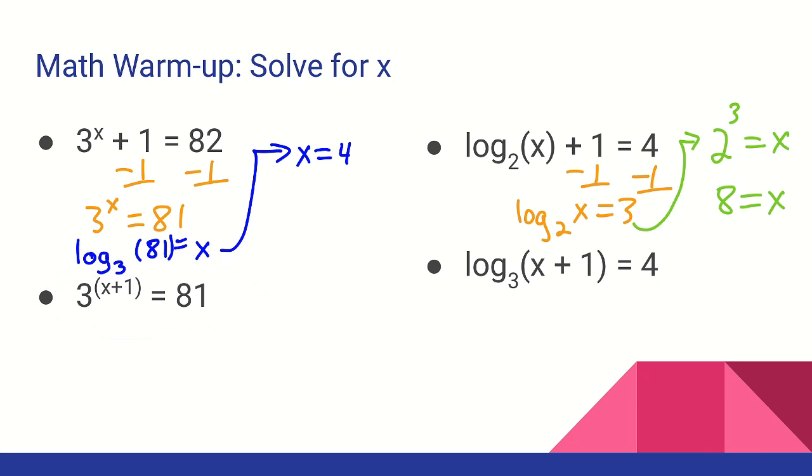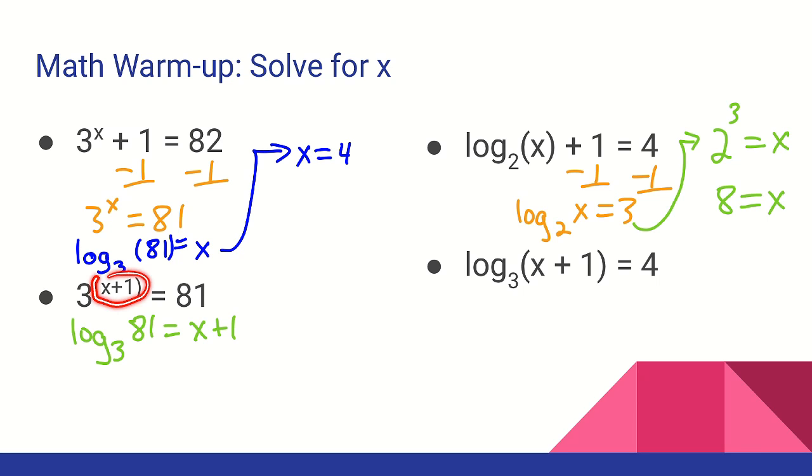On this one, our exponent has a variable in it, so we're going to have to convert to logarithm form. Similarly here, the exponent has a variable in it. So converting to log form, we have log base 3 of 81 is equal to x plus 1.